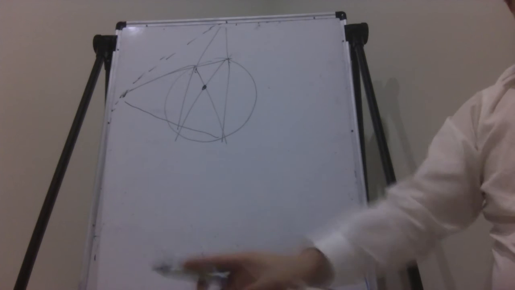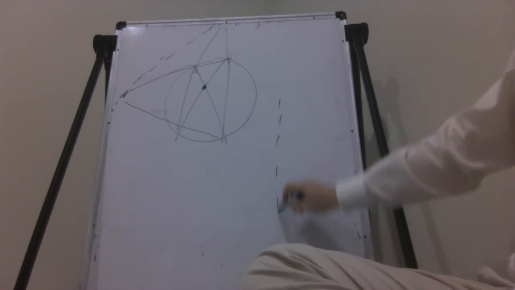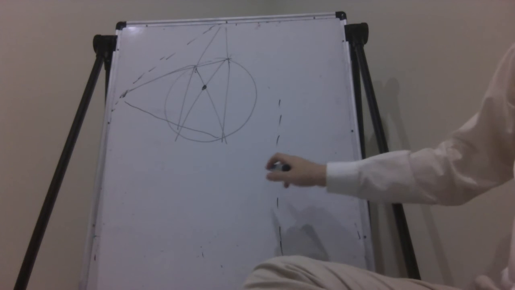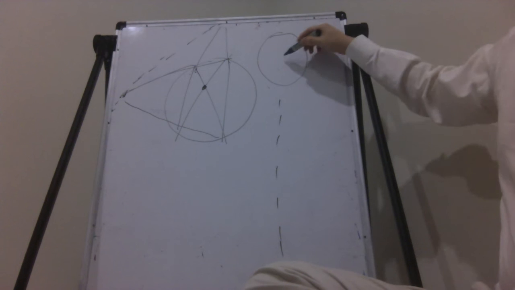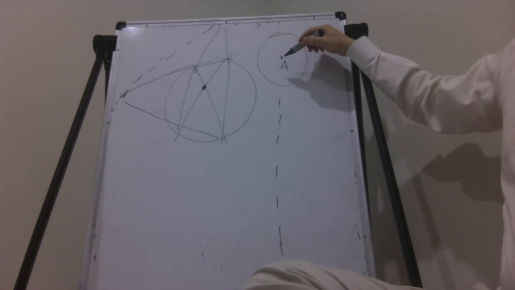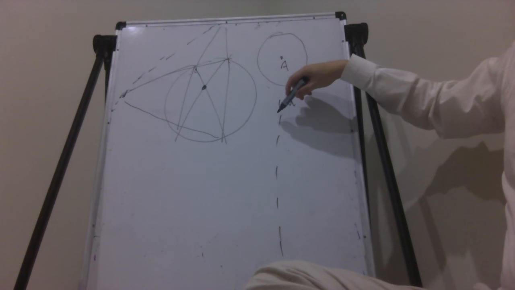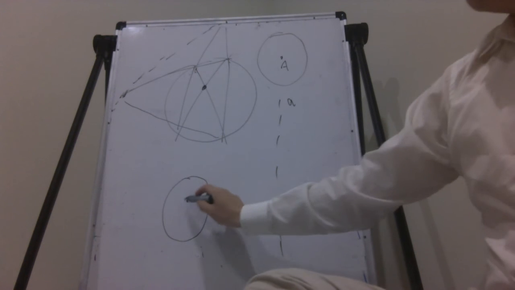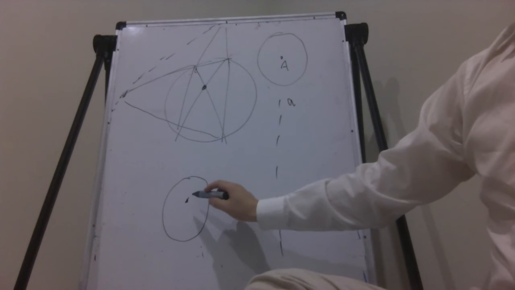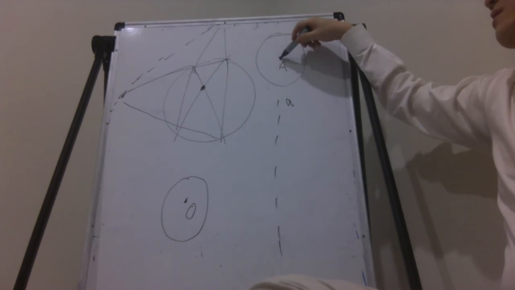So for example, remember in the conics you had a directrix, and you had a circle with a center A. The pole of A became the directrix. And the center of the reciprocating circle became the focus.